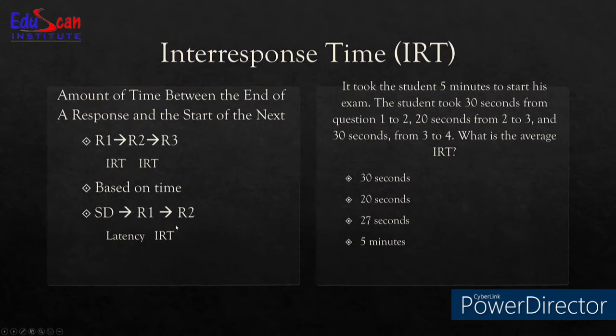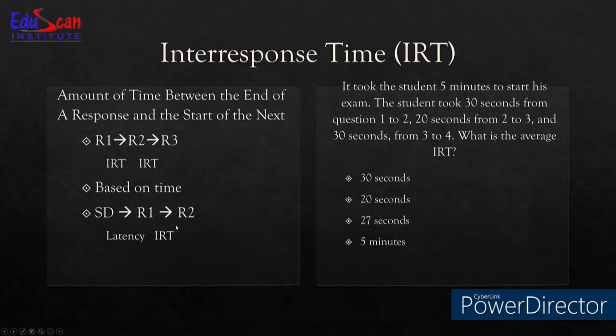Before going on to the average IRT, let's see the IRT for each question. From question 1 to 2, the inter-response time is 30 seconds. From question 2 to 3, it is 20 seconds. And from question 3 to 4, it is 30 seconds.